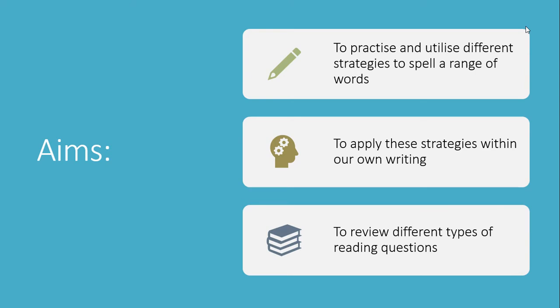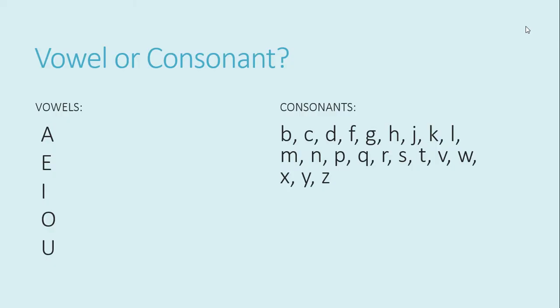So really thinking about and proofreading your work for your spelling this week and to get ourselves into good habits. And last but not least, there is a little reading practice task for you as well, where you get to look at the different types of reading questions that you might encounter in an entry-level reading exam. So that is the plan for this week.